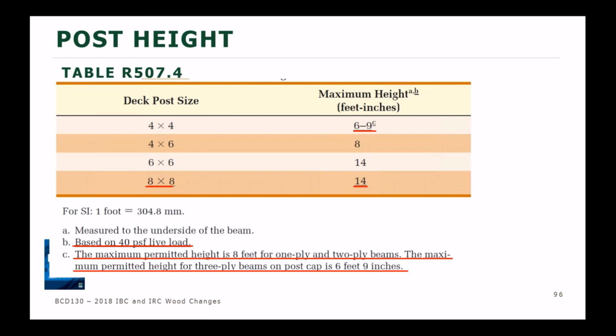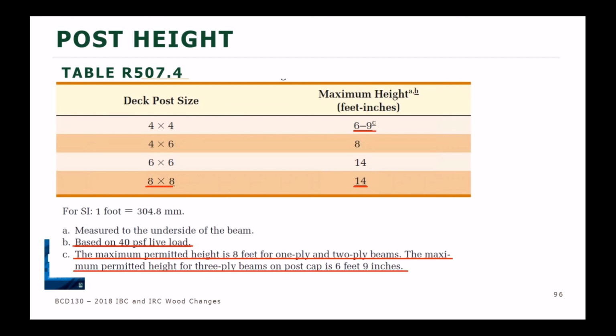The statement that the load that is assumed for these decks is 40 PSF still, so that's in there as new footnote B. And then the maximum permitted height of 8 feet is for 1 or 2 ply beams only, and that's just because, again, if you're going to notch your post, you have very limited space, and when you're looking at a 4x4 post, there is nowhere to notch it. So we're capping off the height there at 6 feet 9 inches. And as it says, the maximum permitted height for 3 ply beams that are going to be on top of a post cap, so there's some way to connect them to that post below, is going to be the 6 feet 9 inches.